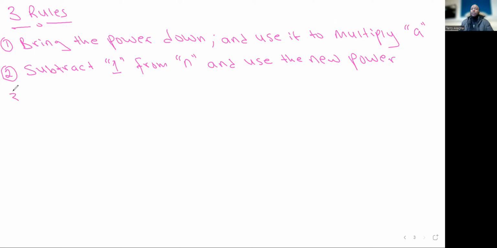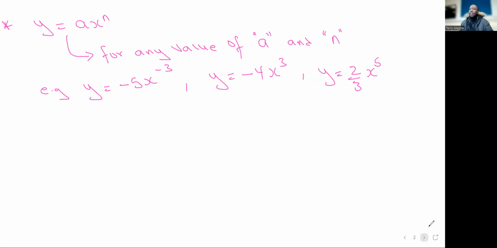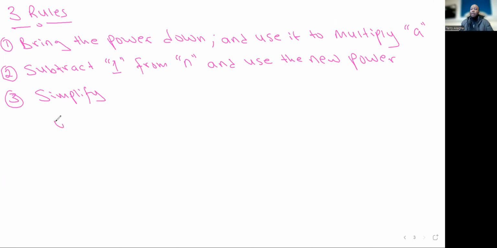Then after you're done with that, the last thing you do is simplify. Just to remind you, in the previous video, we just brought the n down and subtracted 1 from the power. But in this case, when we have y is equal to ax raised to power n, when we want to differentiate, we bring the power down, but we multiply it with a.